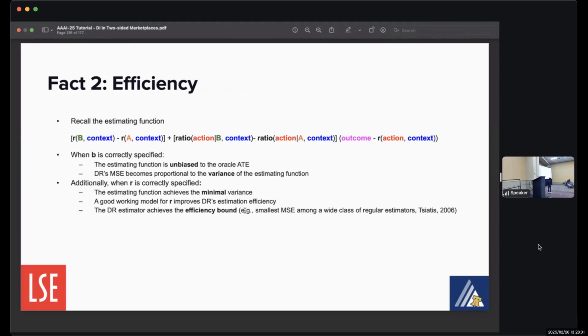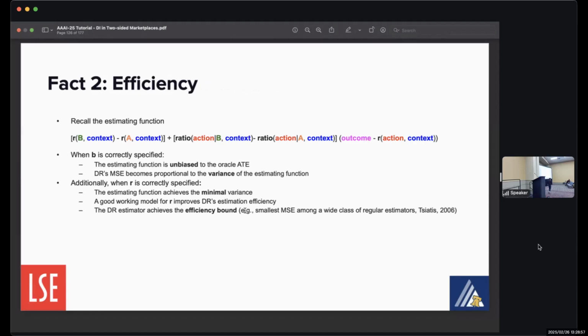The second property is about efficiency. Suppose we know that the behavior policy is correctly specified; then the resulting estimator is unbiased. In that case, if additionally the reward function is also correctly specified, you can show that the resulting estimator achieves the minimal variance.